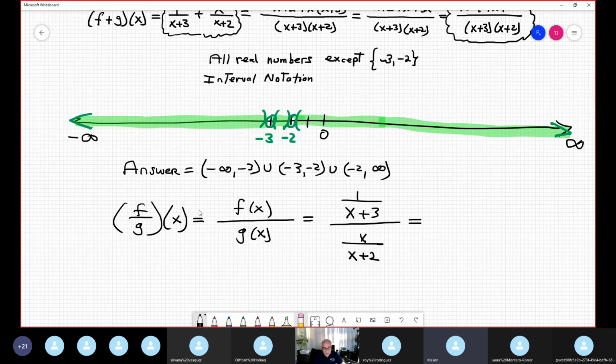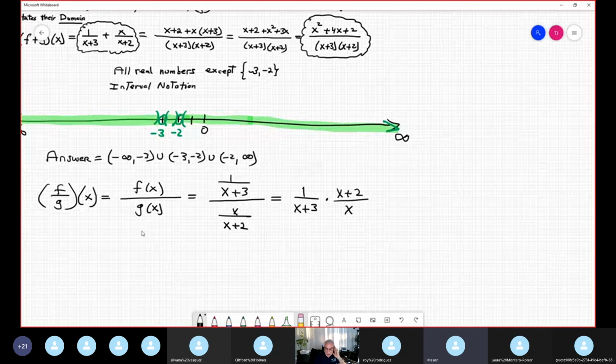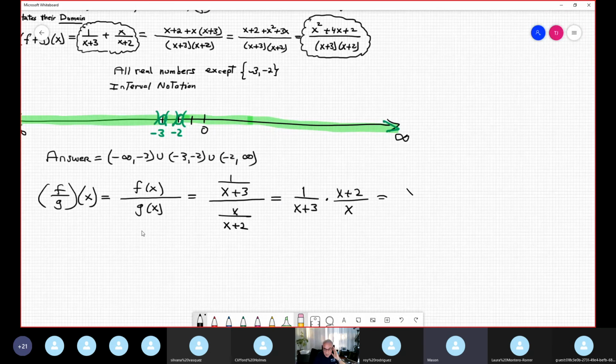In this case, you put 1 over x plus 3 times, and you flip that, x plus 2 over x. And you see now how we introduce a new idea. This is x plus 2 over x plus 3 times x.